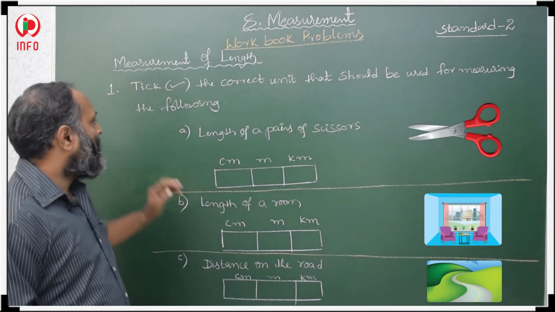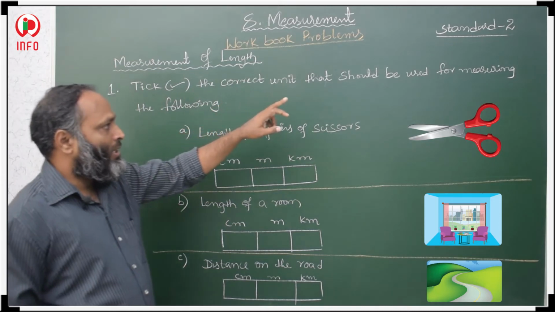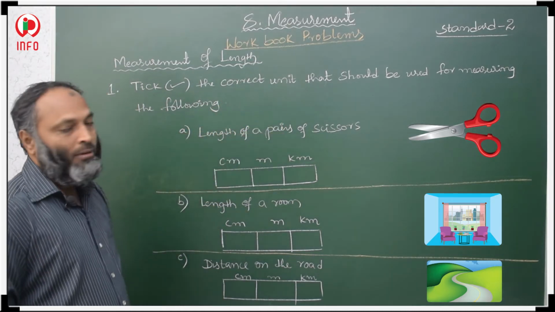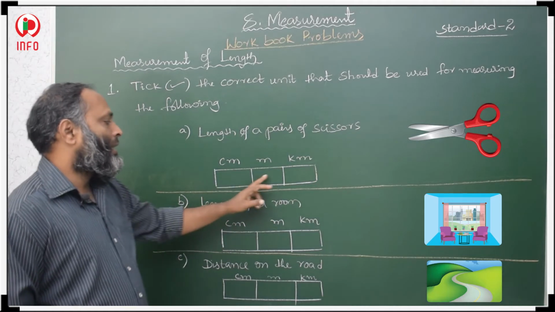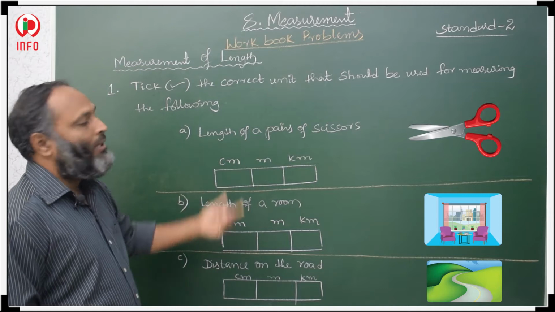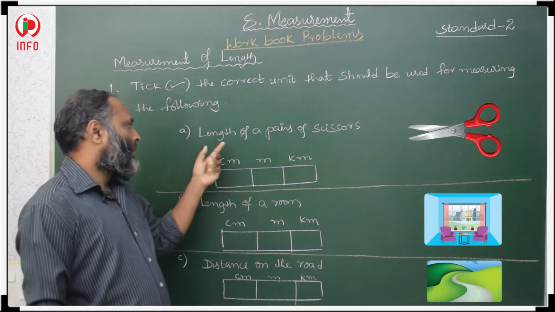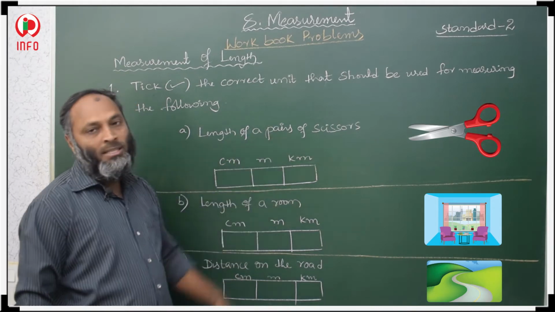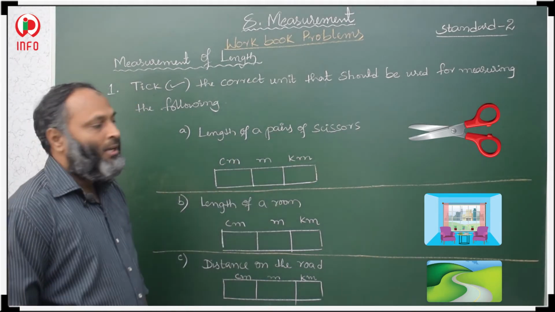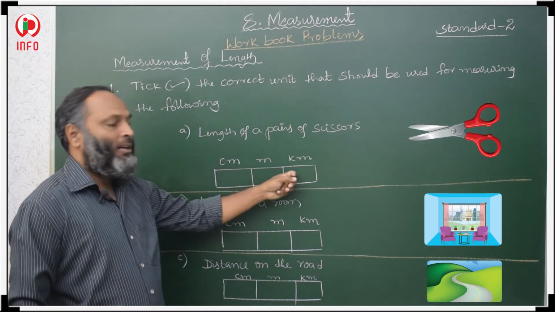Okay, the first question: tick the correct unit that should be used for measuring the following. Here three units are given, and we have to make a tick mark for the one we use to measure the length. First, the length of a pair of scissors. Either centimeters, millimeters or kilometers?